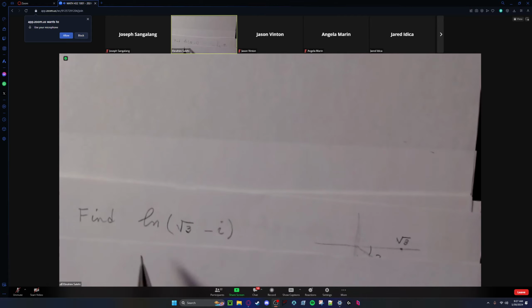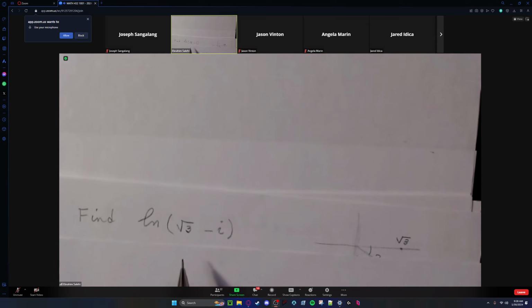I want to find, please note here, I am not using capital L. I'm just using ln. And as soon as you see this one, that means find all values of this.